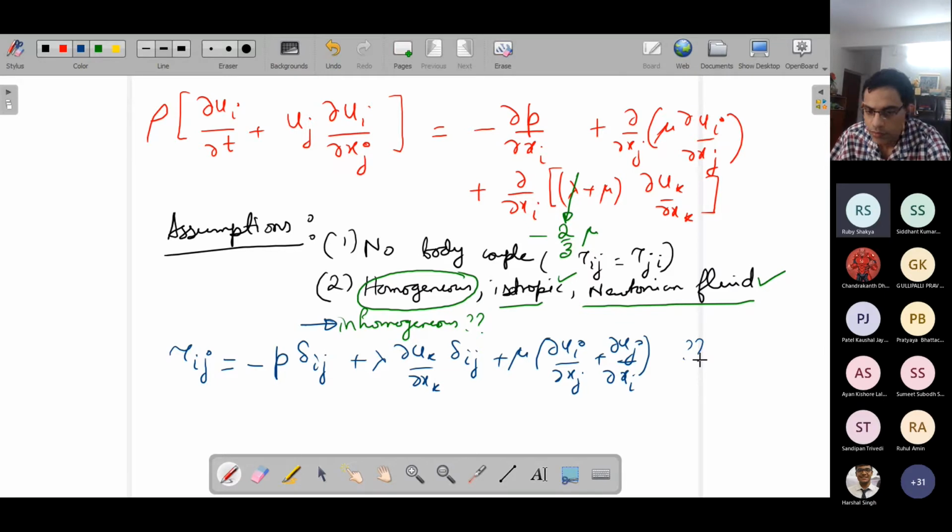Yes, sir, we can write. You can write. So if we can write, then what would be the difference? What is the difference between homogeneous and inhomogeneous for the same equation? There is some difference, right? Otherwise, homogeneous and inhomogeneous will all boil down to the same thing. What is that difference? Any one of you?